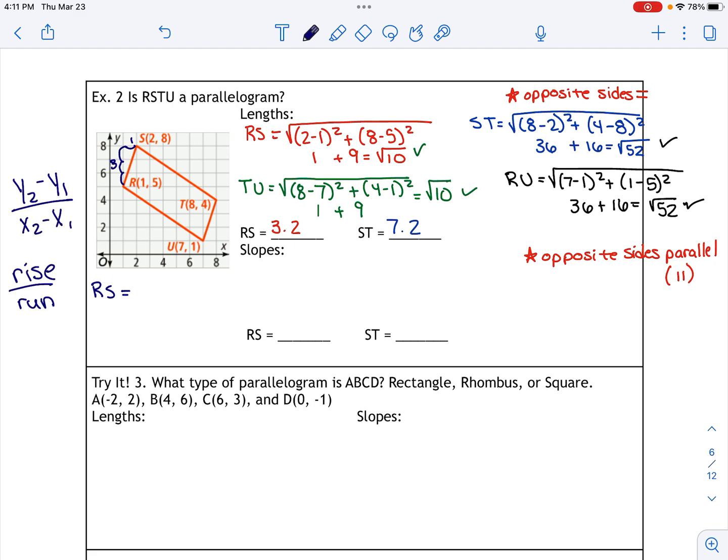I'm just going to say the slope of RS is up 3 over 1. So that slope could be 3. If I want to check this one, 1, 2, 3 over 1. This one goes up 3 over 1. So TU is also 3 over 1, rise over run.